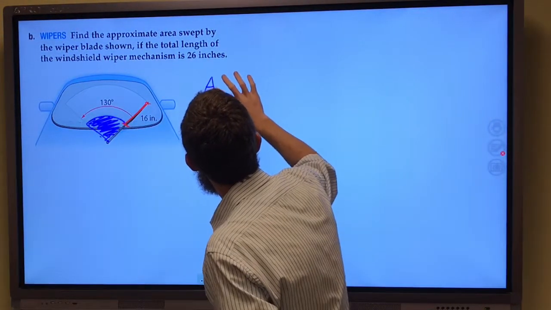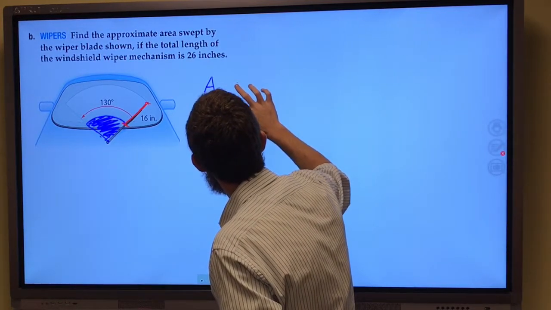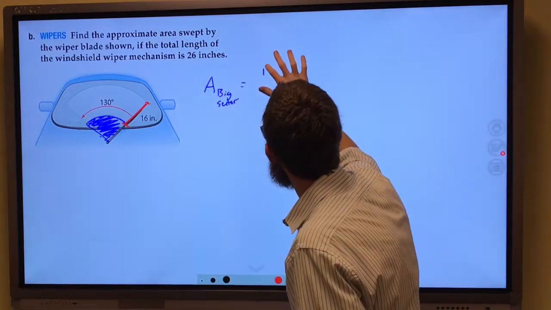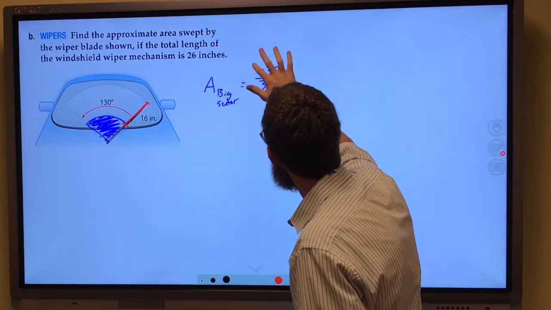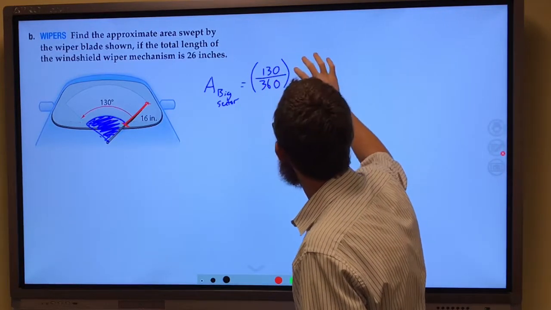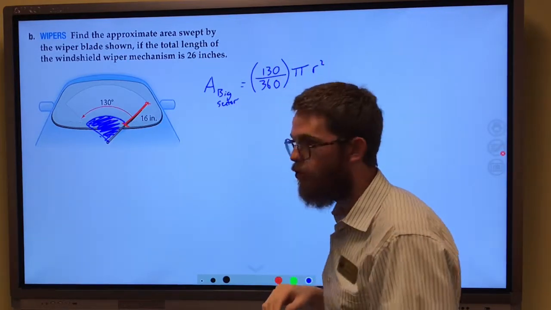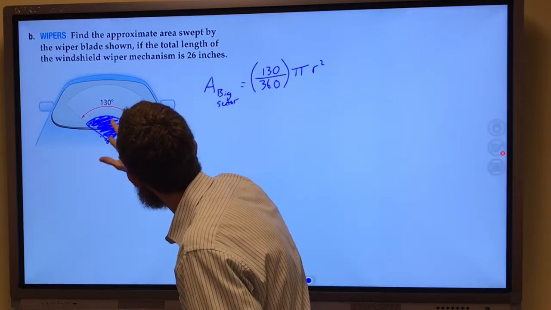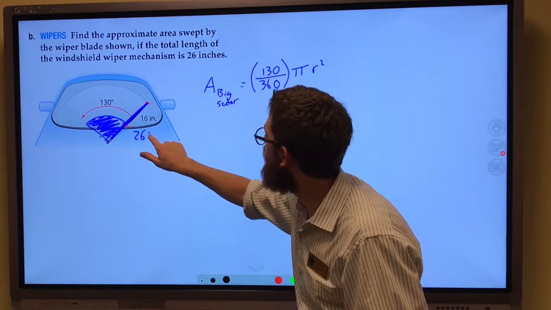So the area of my big sector, and it is in degrees, so I'm going to keep it in degrees, is going to be 130 over 360 times pi r squared. And in this case, r for this entire large circle is that 26 inches.